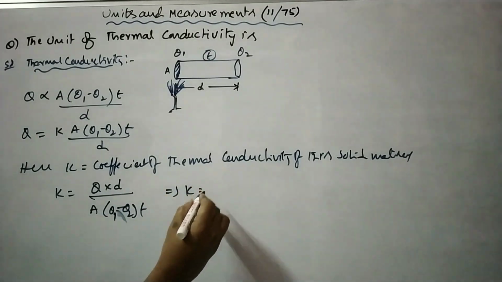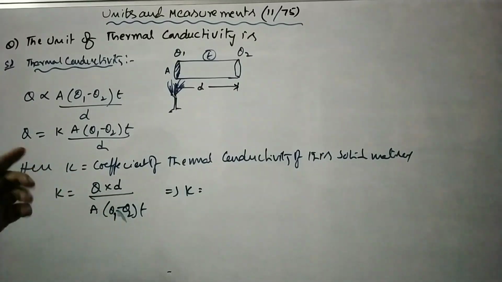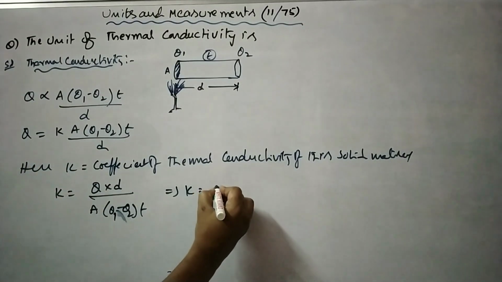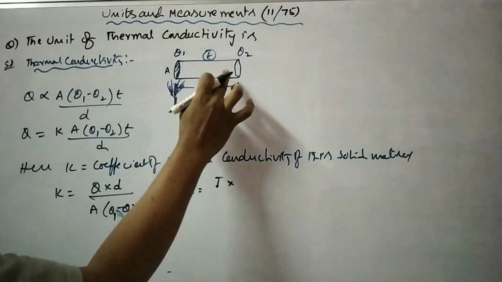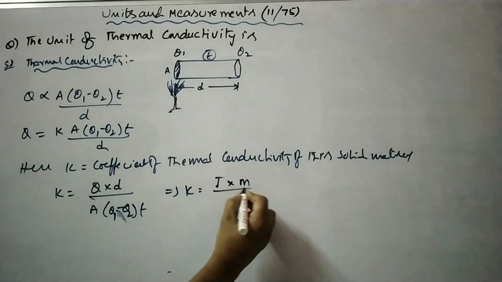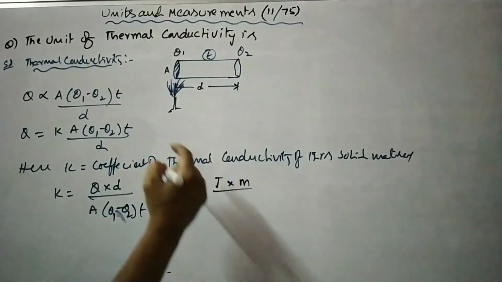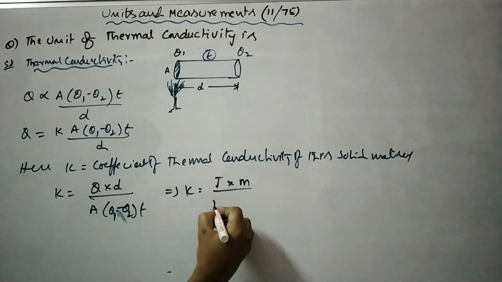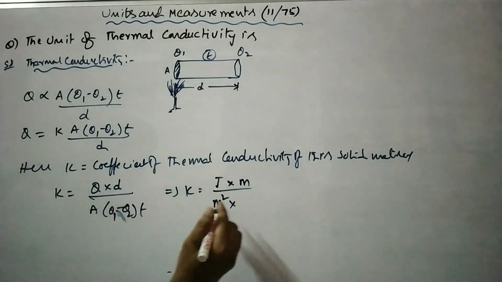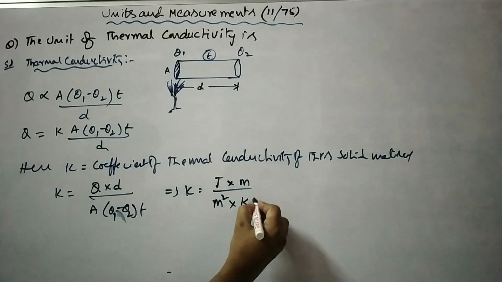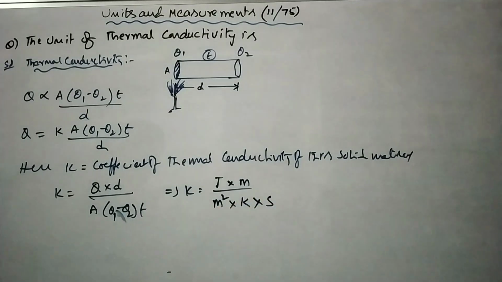So its units: Q is heat, a kind of energy, measured in joule, into separation distance, which is meter, by area. The cross-section area is meter square, into theta 1 minus theta 2, the difference in temperature, which is Kelvin, into time in second.